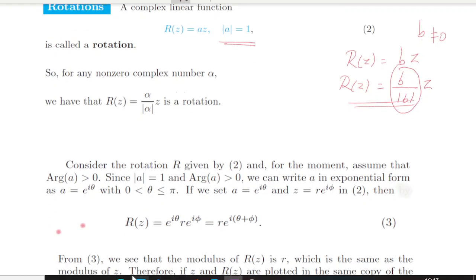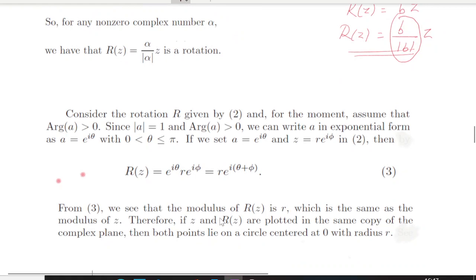For the moment, assume that the argument of a is greater than 0. Then in exponential form, a is e raised to i theta. So in az, instead of z you have r e raised to i phi.